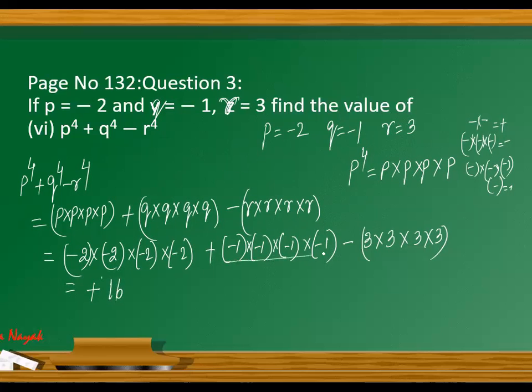Then come to minus 1, again 4 times it will be positive. 1, how many times you multiply gives you same result. Next 3, 3 times 9. 9, 9 times 81. So this will be minus 81. So what is the result? 17 minus 81. Subtract, it will be minus 64.